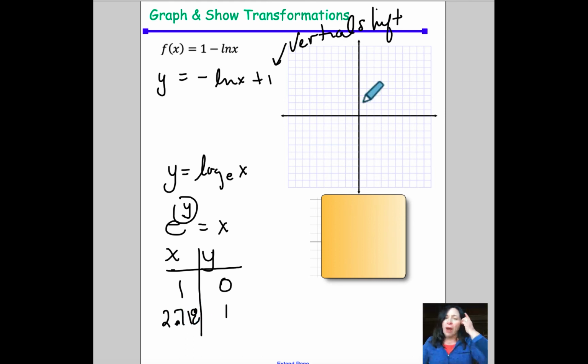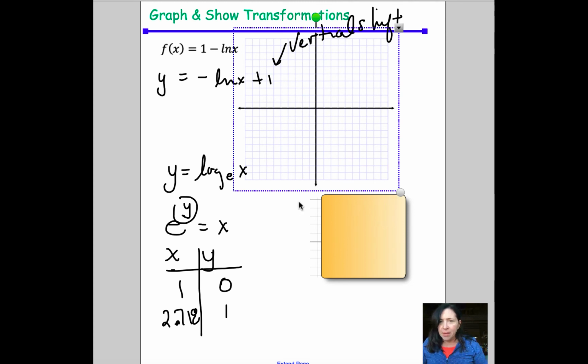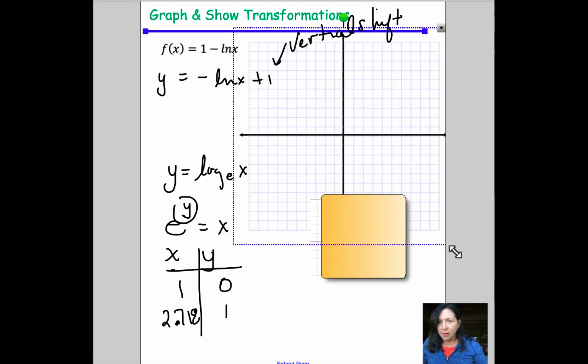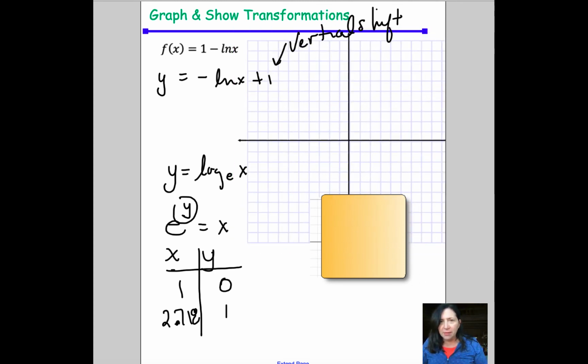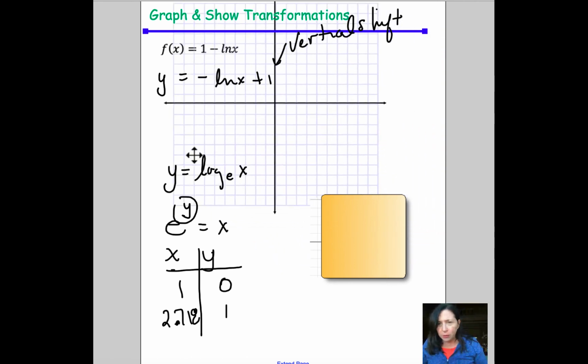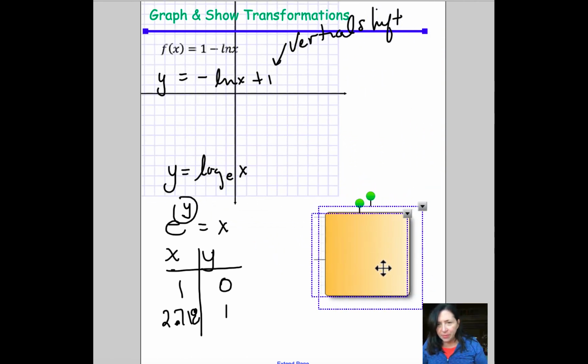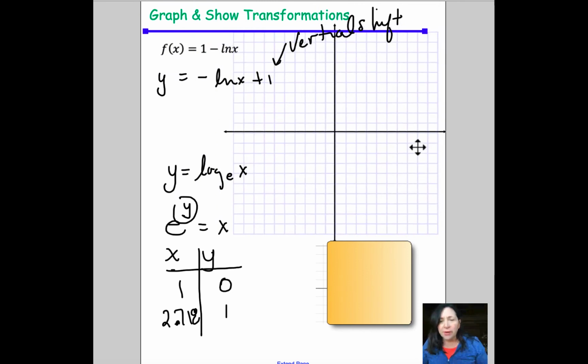And so I would graph (1, 0), make this a little bit bigger, and then I'm going to try to move this down. Hold on a second. When I'm doing this, what I'm getting is I've got (1, 0), and then (2.7, 1), it's almost there, up 1. And so this is my ln of x graph right here. That's ln of x right there.